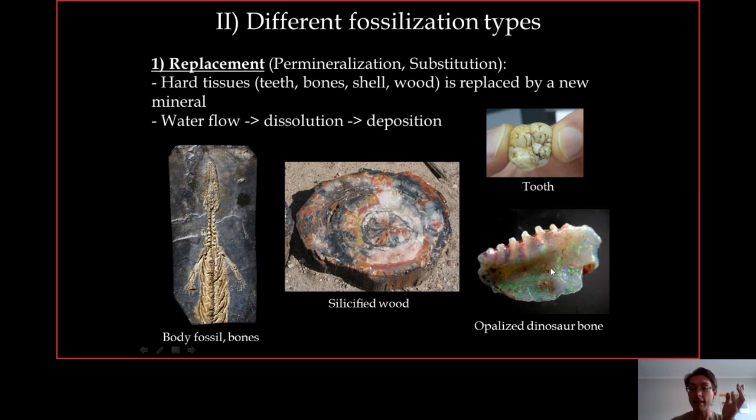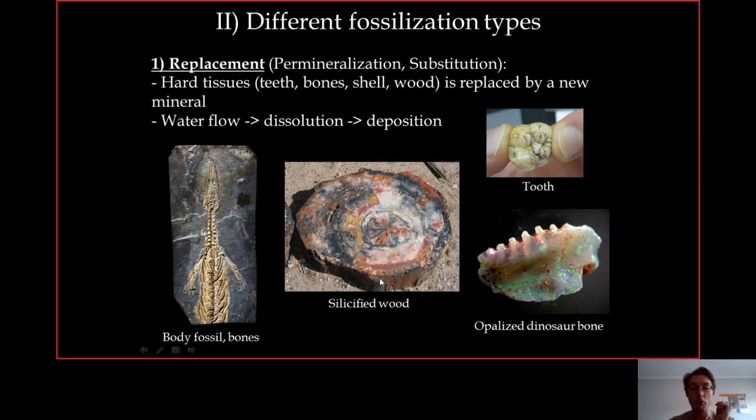So opal is a kind of semi-precious stone, and it's formed because there is hydrothermalism. The water is very hot, and it brings a certain type of mineral into your specimen that turns slowly into opal, which is that semi-precious and very nice rainbow-like stone that you can see here.